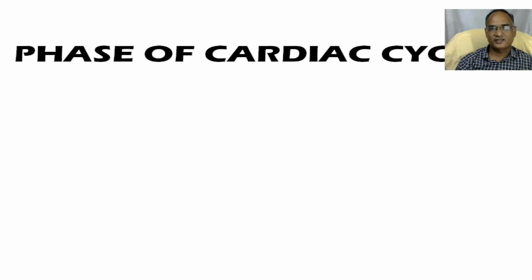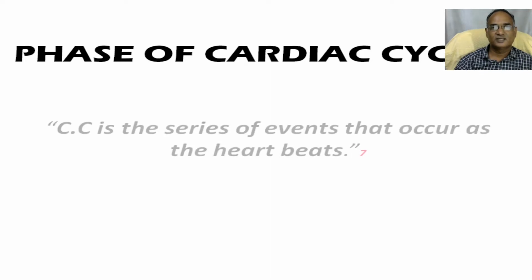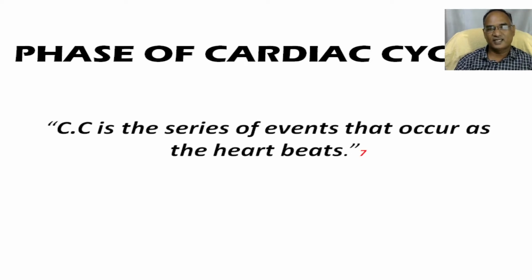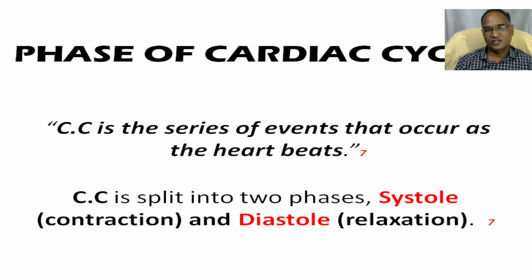The phases of the cardiac cycle are nothing but the series of electrical events that occur as a heartbeat. When you talk about heartbeats, we must consider systole and diastole.